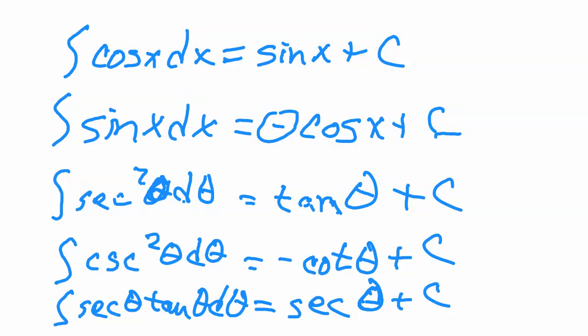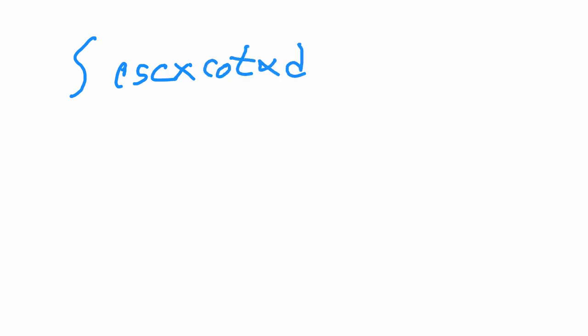And then, of course, we have one more that we kind of know from before at least, but the antiderivative of cosecant, I'm going to go back to x's, cosecant x, cotangent x with respect to x. Well, the derivative of cosecant is minus cosecant cotangent. So since this is positive on the left side, I'm going to have the minus sign there and then plus c. Once again, taking the derivative of the right gives us the left.